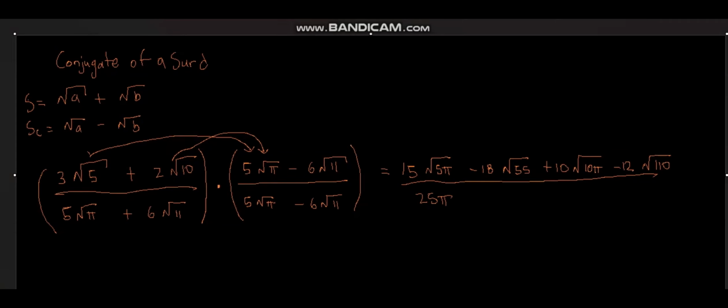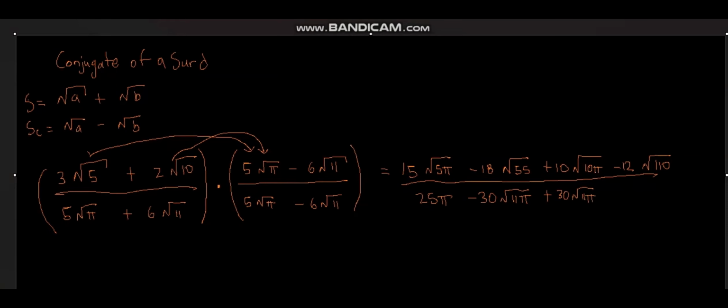Five root pi by negative 6 root 11 is negative 30 root 11 pi. 6 root 11 by 5 root pi is positive 30 root 11 pi.